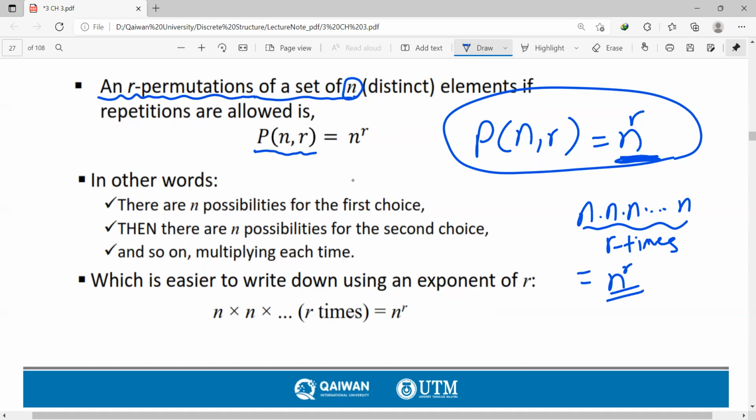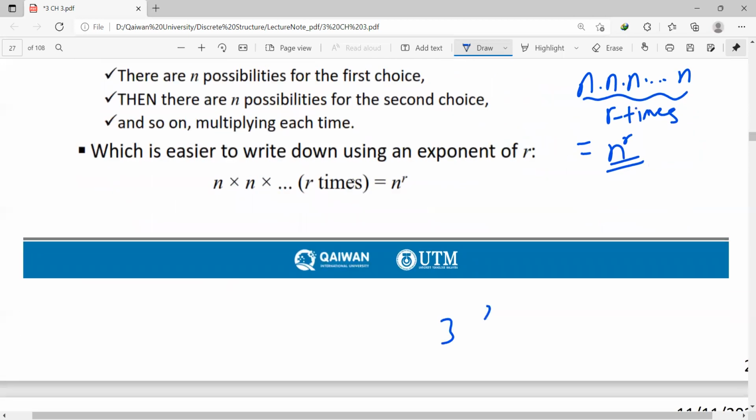If repetition is not allowed, when we choose the first thing from n, we choose the second one from n minus 1. For example, if you want to choose 3 from 5, the first one we choose from 5 things. Then the second one, since repetition is not allowed, we choose from 4 things because one of them was chosen for the first one.